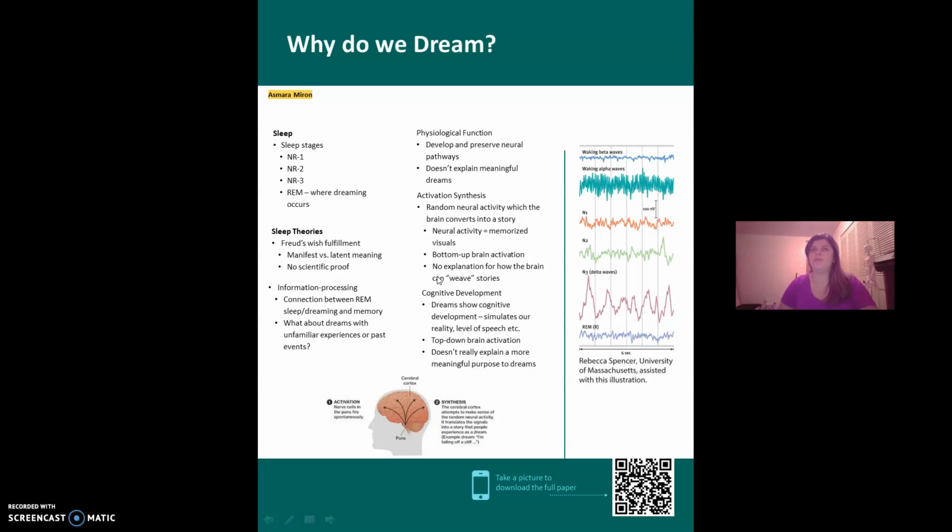The next one is the information processing theory, which is that dreams are a way for you to sort through all the information from the previous day so that they can conserve things as memories. Basically what they say is people who've been awakened a lot during REM sleep, or people who don't sleep very well, tend to have a worse memory.